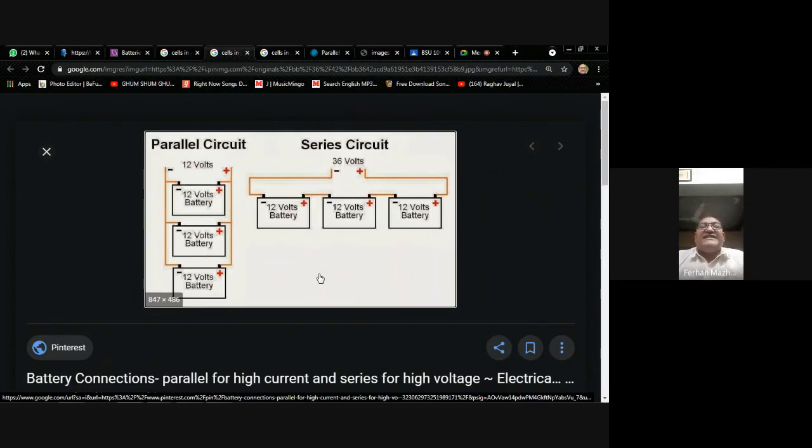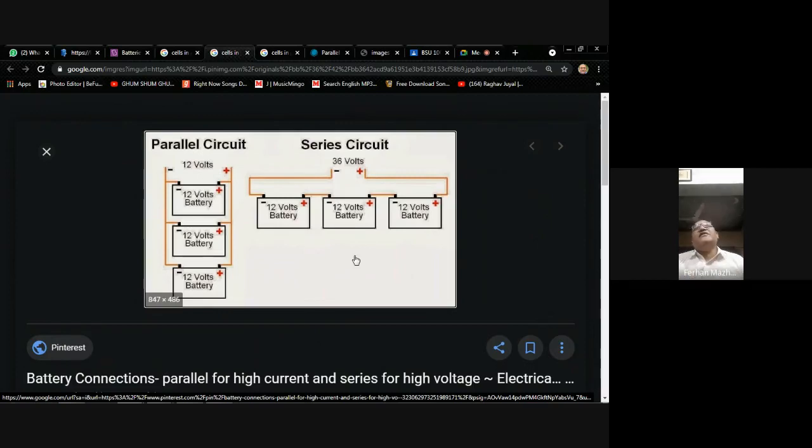When you connect the cells in series, their EMF adds up. So the total EMF or total voltage provided by this combination of batteries will be 12 plus 12 plus 12. So when you connect the batteries in series with each other, their EMF will add up.